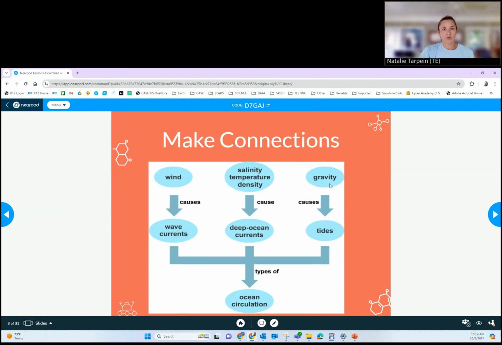And then gravity, of course. Gravity is something that we have every day here on Earth. Also, the moon exhibits gravity too, causing tides. So think about these three factors and how they all play a role in the bigger picture of ocean circulation. This is just in a nutshell what we're going to be looking at today in class.